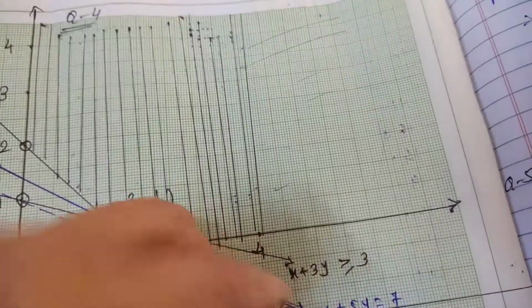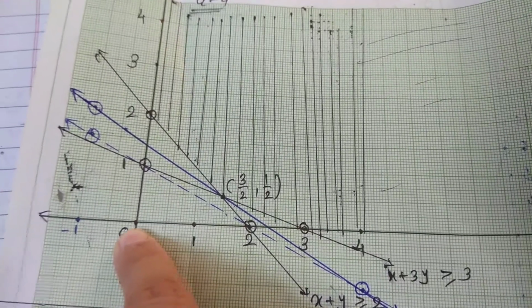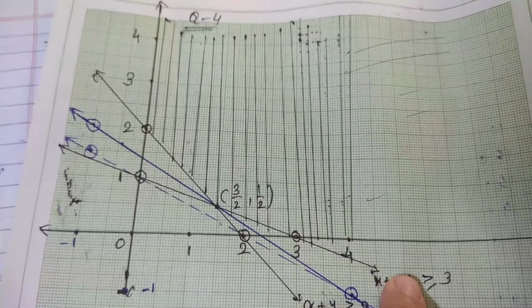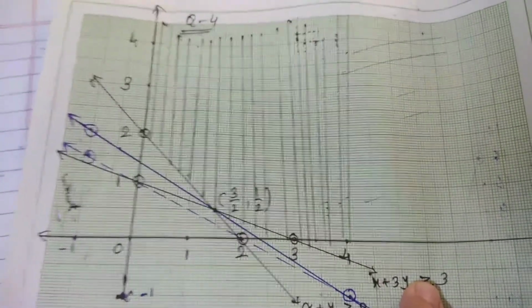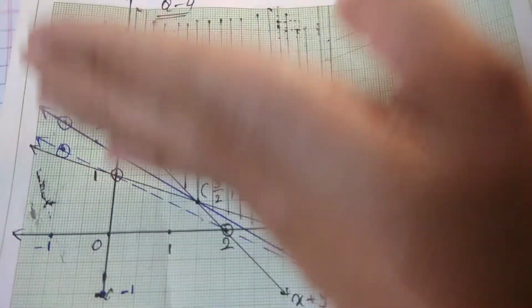Now for greater than 3, what are we doing? We consider 0, 0, that is our origin. If we put 0 and 0, then 0 + 0 is 0, and 0 is not greater than 3. So the lower region is not our solution. Our solution is the upper region.